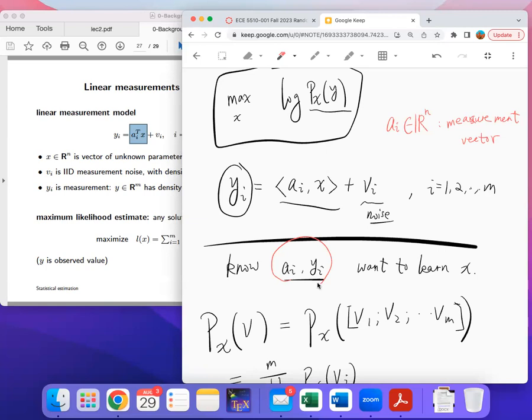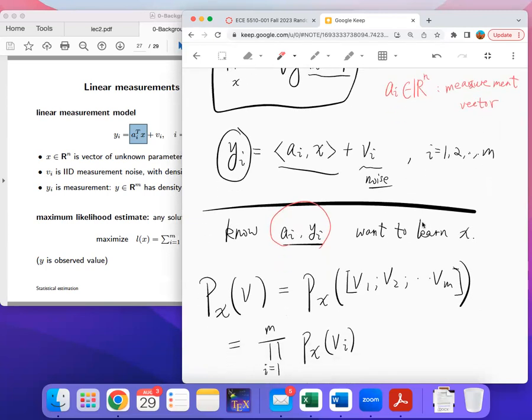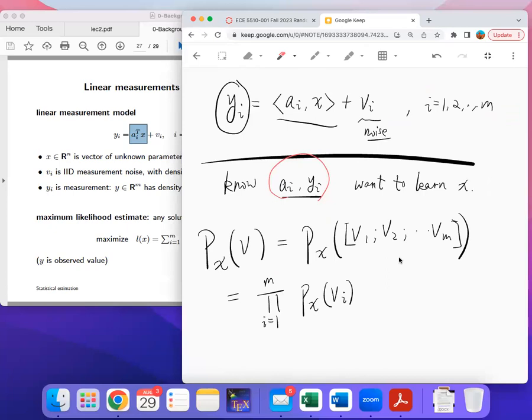We use these Ai to measure the underlying object, and this measurement will be corrupted by a noise Vi, to give the final observation Yi. So we just want to model the probability of this noise. Once we know the noise, all the Yi will be fixed.